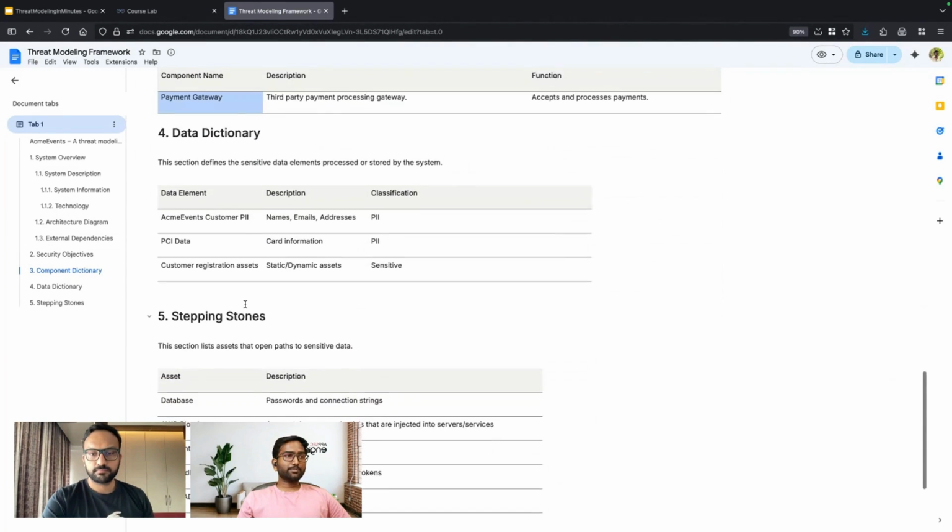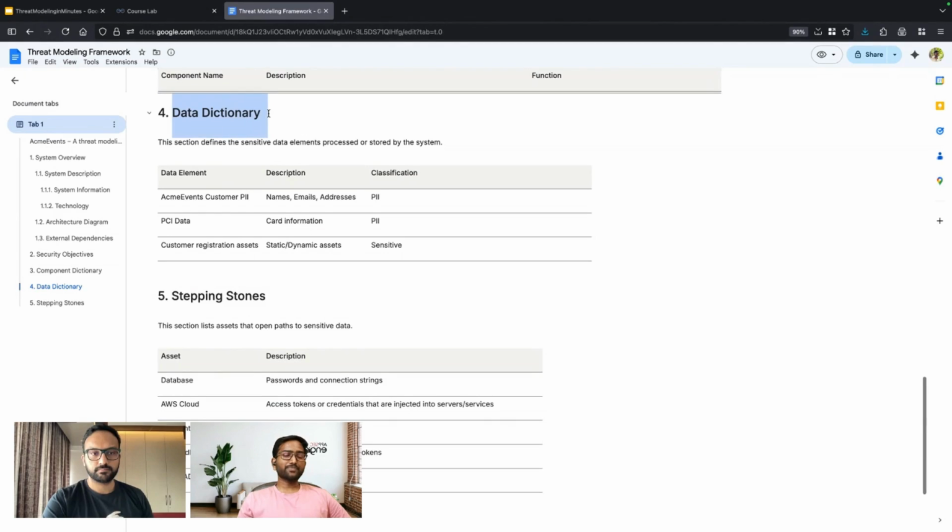But the most important bit actually is the data dictionary. And the data dictionary allows you to figure out what information flows through your application that is important to the business. And in our case, again, from the security objectives, circling back, we realize that we have PII in terms of two things. We have Acme events, the customer PII flowing through the application, and this could potentially be names, emails, addresses.